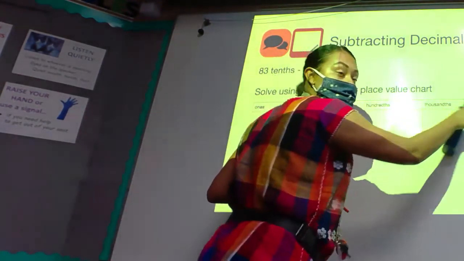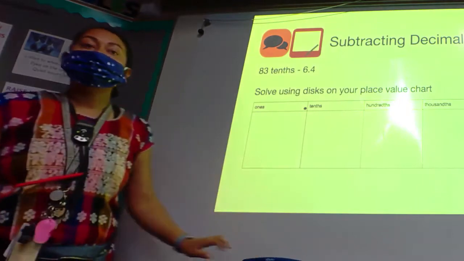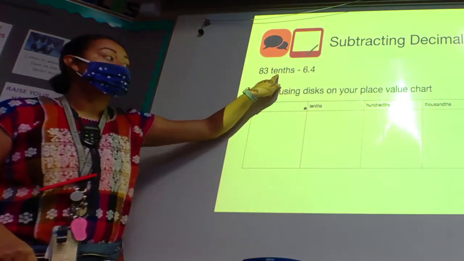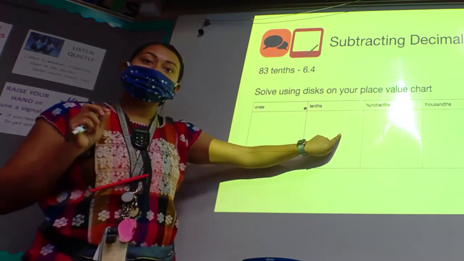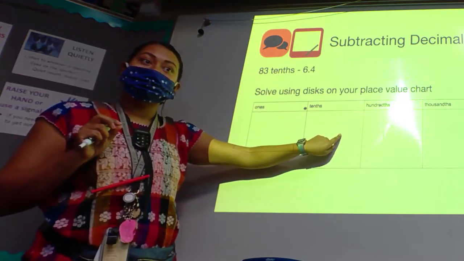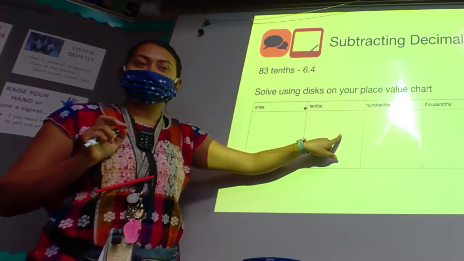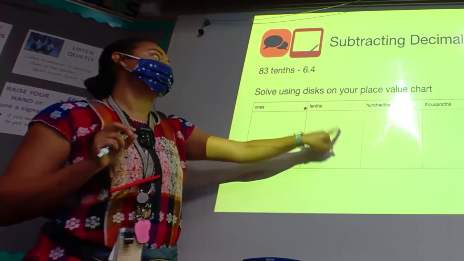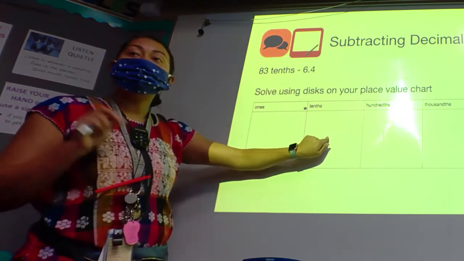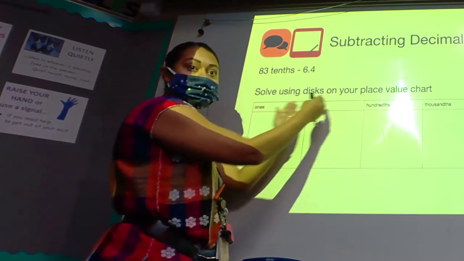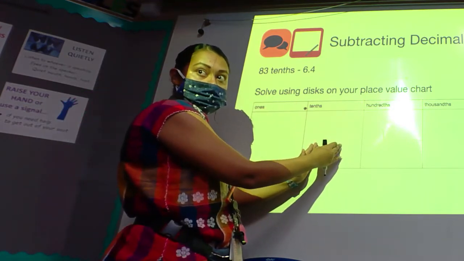Ready? 3, 2, 1. Okay, put it in. 83 tenths. Do we really want to draw 83 dots? No, we really don't want to, right? Because that would take too much time and our time is too precious. Time is money. Just kidding. So 83 tenths. So what can we put instead? We can do 8 ones, 3 tenths. Okay?